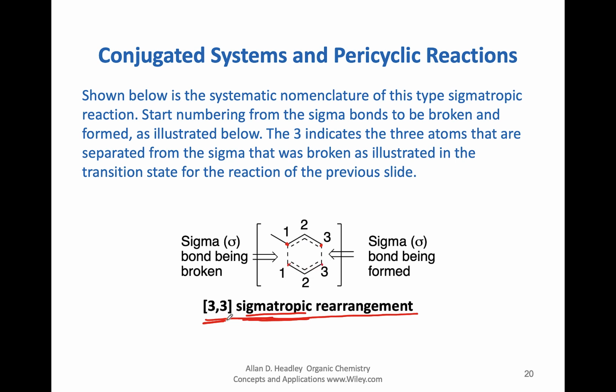This is described as a 3-3 because there are 1, 2, and 3 atoms that are separated, I think that's a better word, from the bond that's broken and formed. 3 atoms separated from the bonds that's broken and formed, so it's a 3-3.